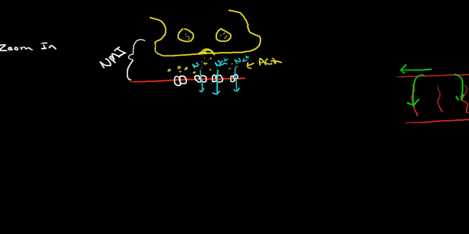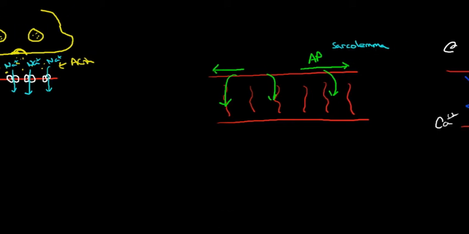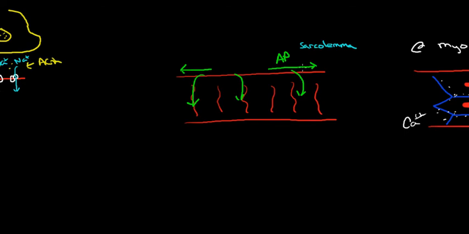If that graded potential is strong enough to reach threshold, the result will be an action potential being propagated along the sarcolemma. Let me write that out for you. Sarcolemma is the word for the plasma membrane of a skeletal muscle fiber. That action potential doesn't just stay out on the surface, but it dives into the muscle cell via structures called the T tubules.